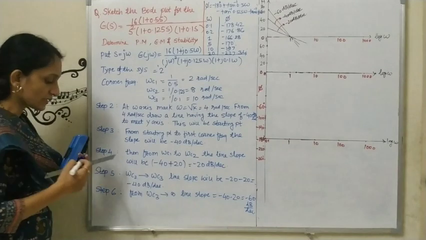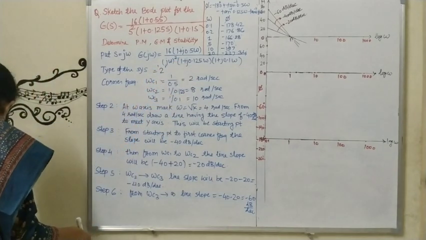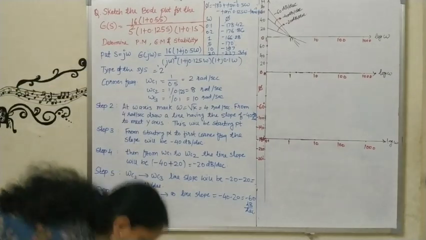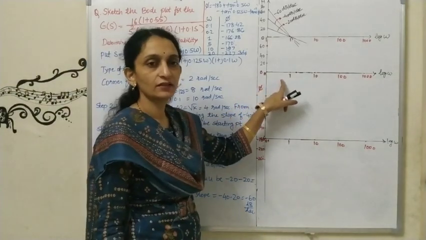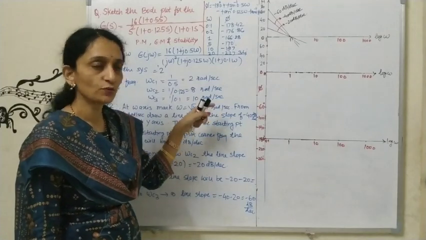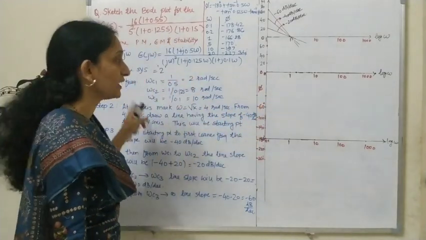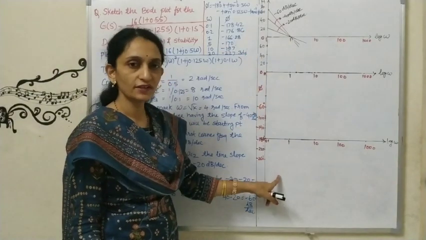Now we will start with the steps. Here I have drawn the magnitude and the phase plot. Same thing, you need to draw it on semi-log paper. I have taken the scale depending on the values of the corner frequencies. In the previous numerical the scale was different, but here I have taken it according to the corner frequencies. The semi-log paper is divided in 3 parts.